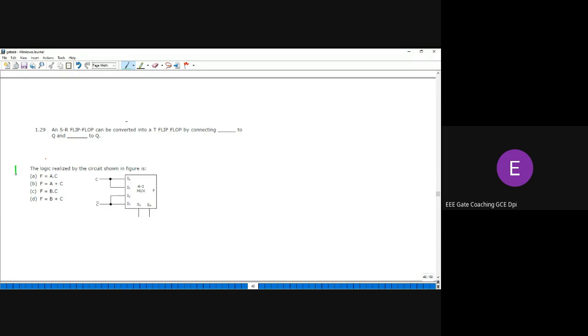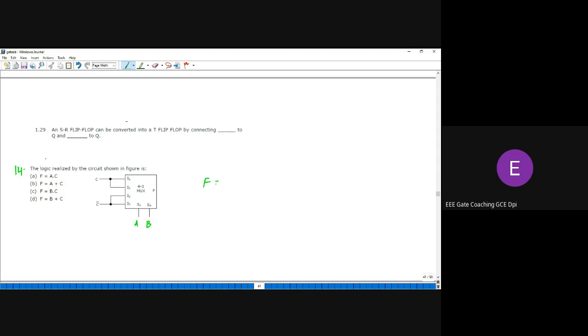Okay, 14th problem. Can anyone tell the answer for this one? This is AB. So what is the formula?